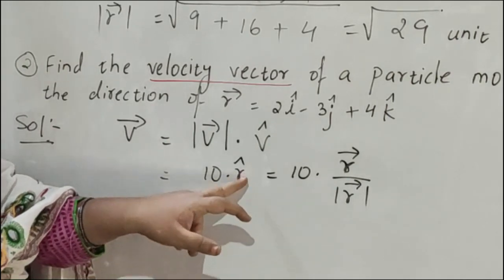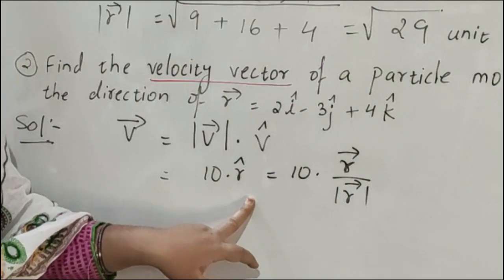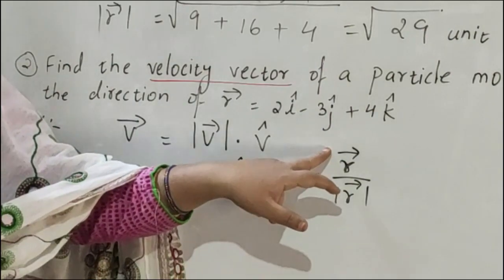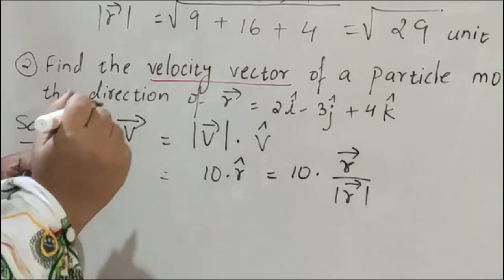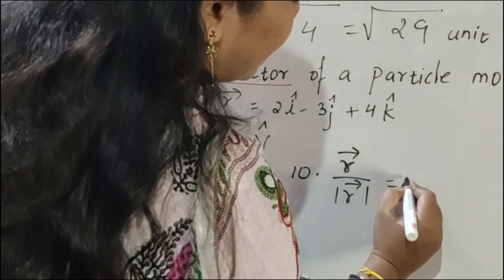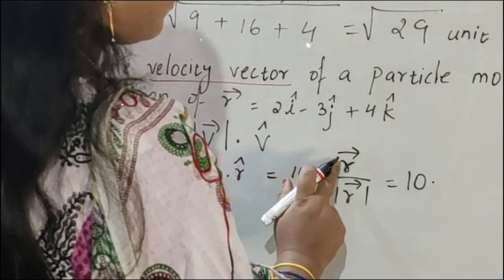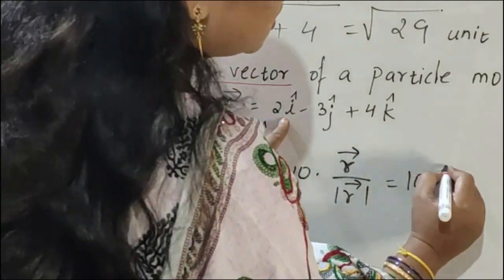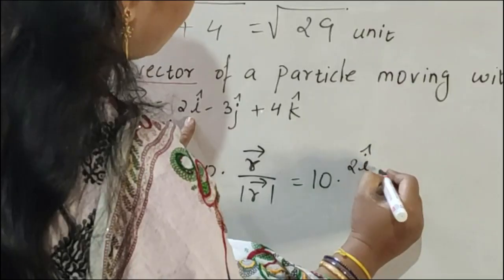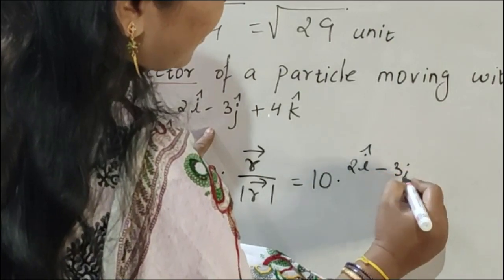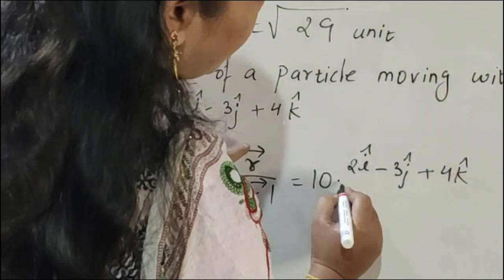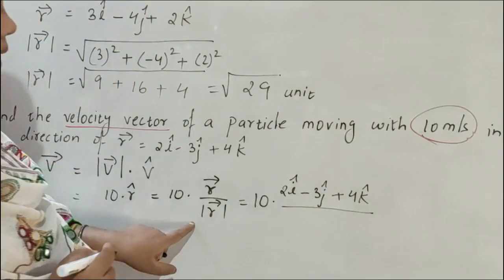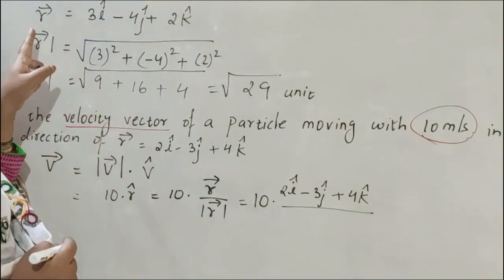So r cap is equal to what? Formula: r vector by magnitude of r vector. Now we have to find. See, 10 into r vector, how much is given? 2i cap minus 3j cap plus 4k cap by magnitude. Now magnitude, how we calculated?